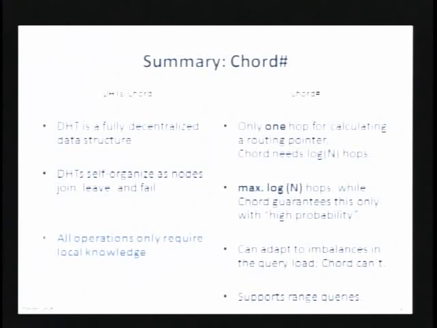So now we have this distributed hash table, which is completely decentralized. Every operation is only based on local knowledge. You have very simple algorithms which can repair your system when new nodes join the system, when some fail or leave the system.